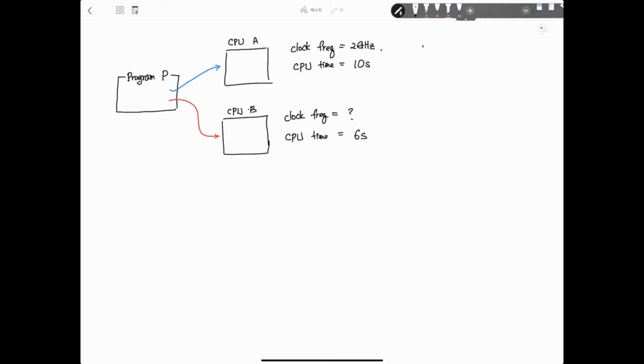We know that CPU time is proportional to the clock period, right? Which means it is proportional to 1 over the frequency. So if the clock frequency is increasing, then CPU time is reduced. Here, originally CPU time is 10 seconds and clock frequency is 2 gigahertz. Now it is aiming for 6 seconds.